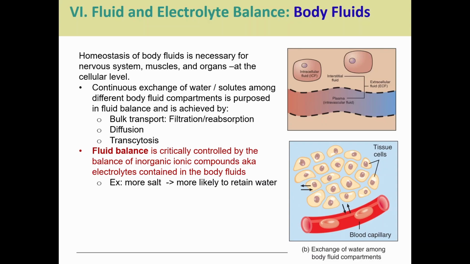It's super important that we control this through ionic compounds as well, what we call electrolytes, so that we can maintain fluid balance. Basically, we're using these electrolytes to make fluids move or stay in a certain way.